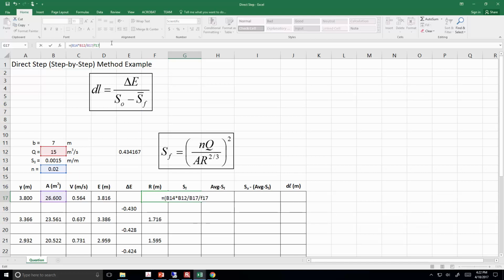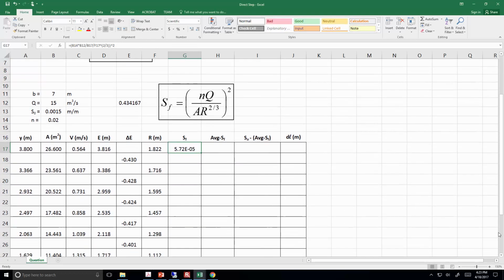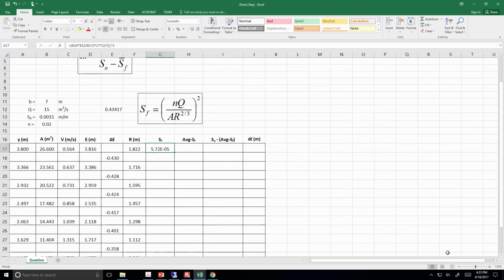Less risk of me making a mistake that way. All right, so I have the hydraulic radius to the 2/3 power. Okay, and then square it all. All right, and we want to drag that formula through. I need to anchor the references to N and flow rate.